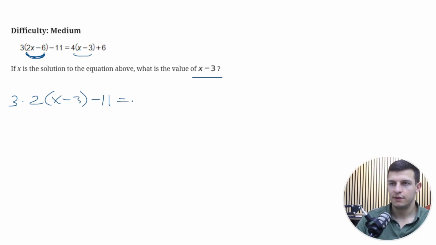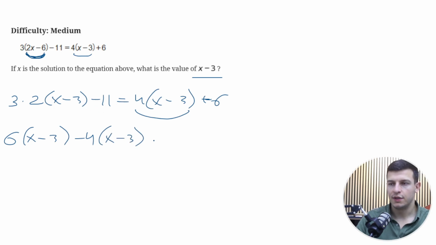6 times x minus 3, minus 11, equals 4 times x minus 3 plus 6. I don't really need to open the bracket because I am actually looking for x minus 3. So I'm going to subtract 4 times x minus 3 from both sides, and I'm going to move the 11 to the other side, 6 plus 11.